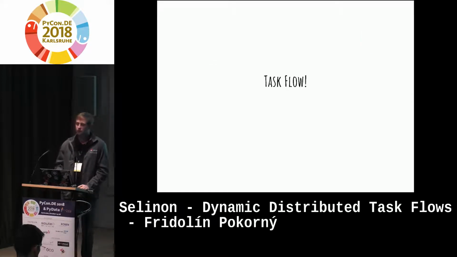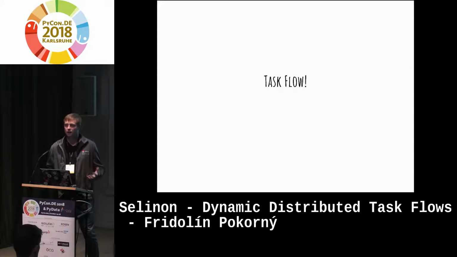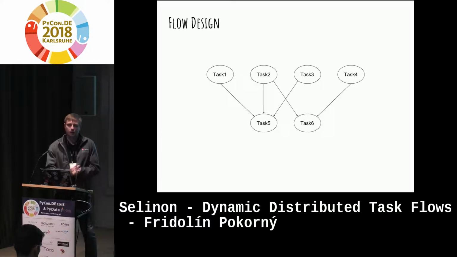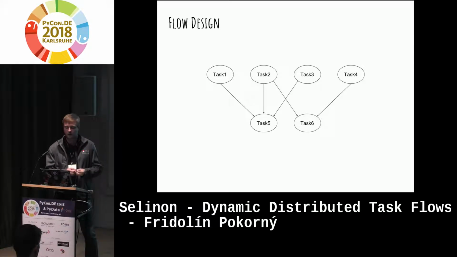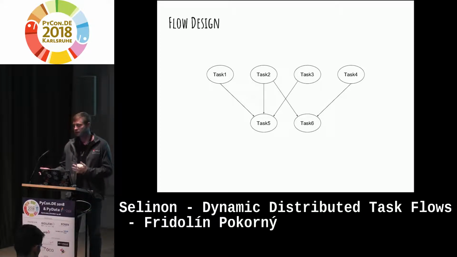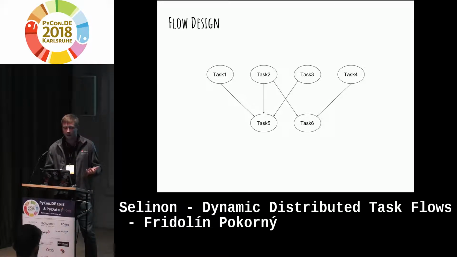Okay, so now let's try to do something like task flows. In many cases, you don't have only one task that should be accomplished, but you have rather many tasks that you would like to run. And these tasks have data or time dependencies between them. That means that you would like to execute some tasks first and then run subsequent tasks.